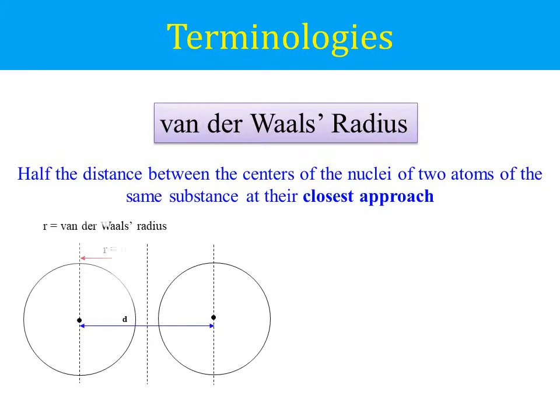If you look at the diagram over here, we have two atoms, each with a nucleus at the center, and the distance between them is divided into two equal halves. That's what you call the van der Waals radius. Now, this van der Waals radius is not exactly the atomic radius, so it is slightly more.